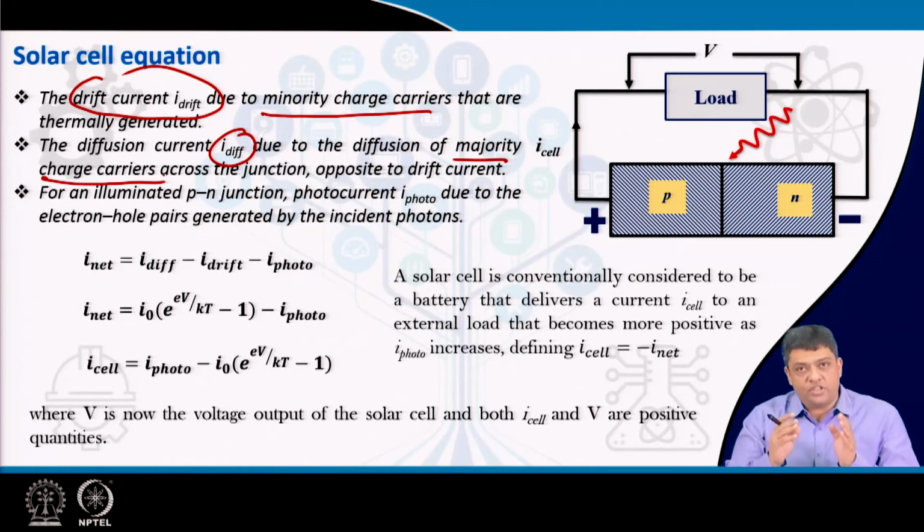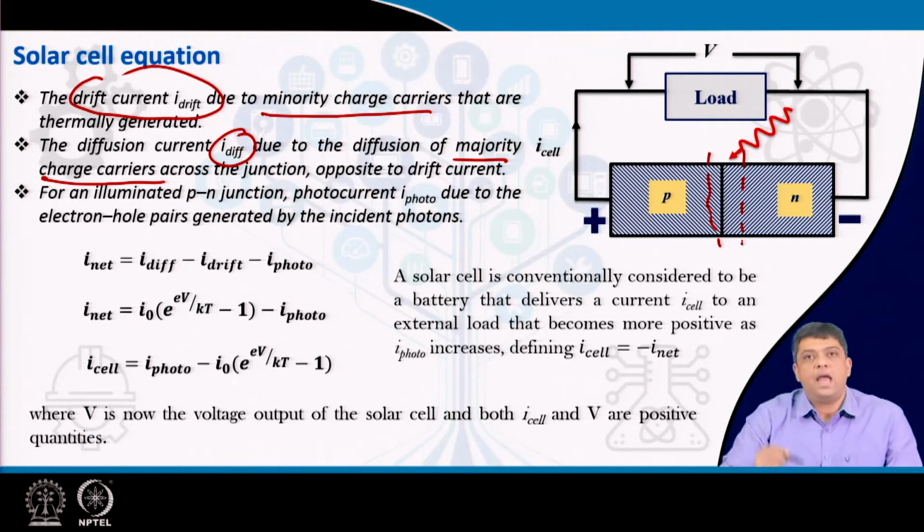Now, if I have a junction and I illuminate it with solar radiation, I will obtain I photo, which is the photo current, due to the electron hole pairs generated by incident photons which have higher energy than the band gap.